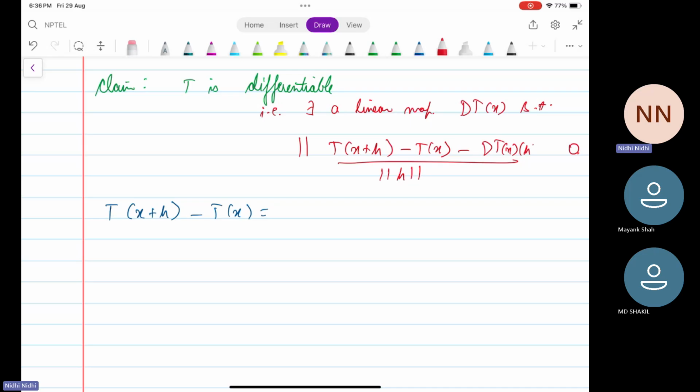This is A times (x1 plus h1, up to xn plus hn) minus A times (x1, x2, up to xn).